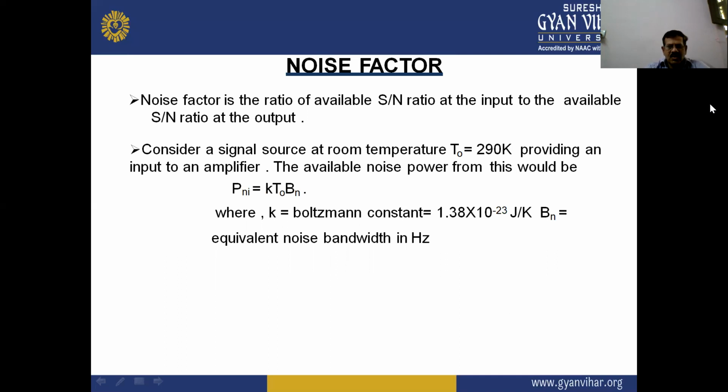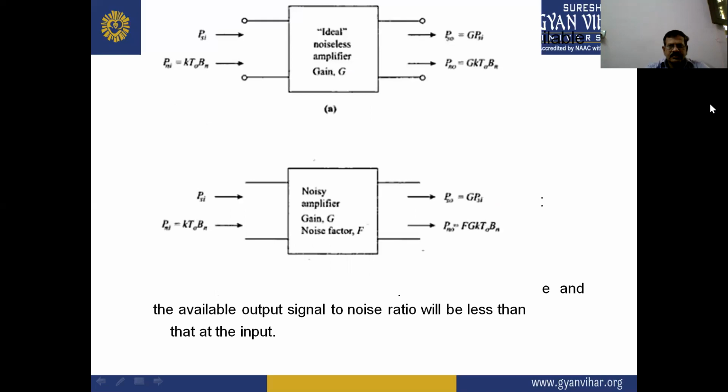So put the value of k, and Bn equal to the equivalent noise bandwidth in Hertz. So the available output signal to noise ratio will be less than that at the input, that is represented in this diagram.